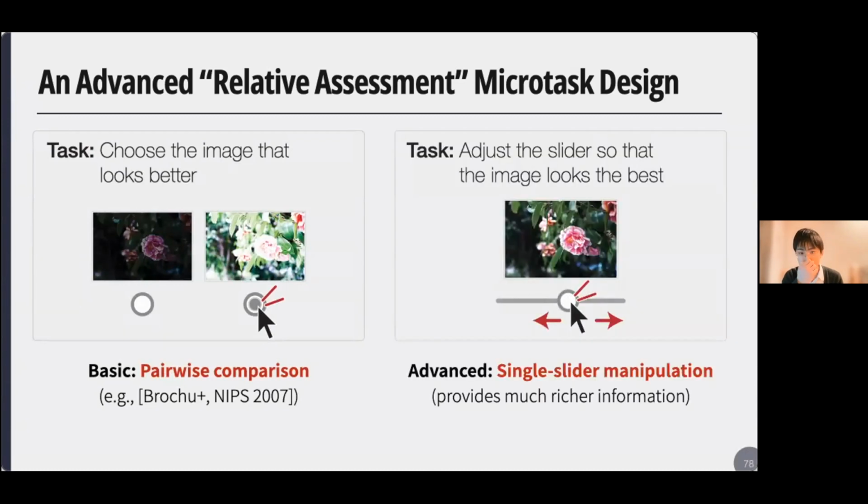Instead, we propose asking crowd workers to perform a single slider manipulation task, which is sufficiently easy, and this is still considered a relative assessment. This microtask design provides much richer information than pairwise comparison, so the optimization can converge much, much faster.